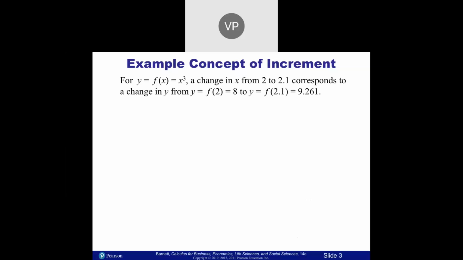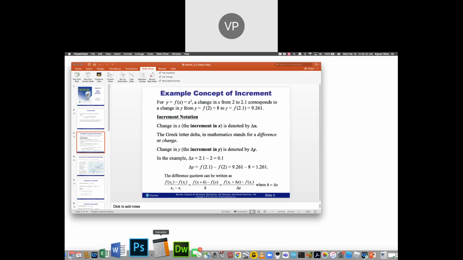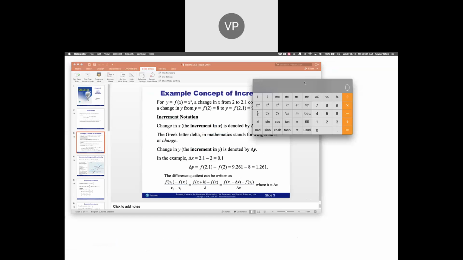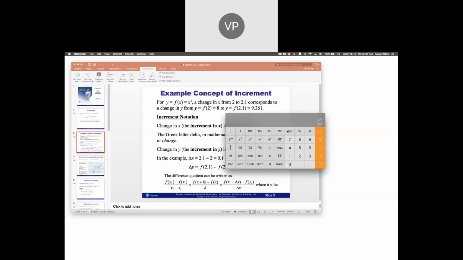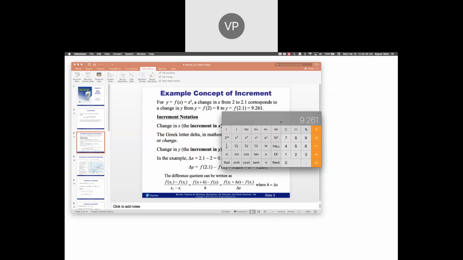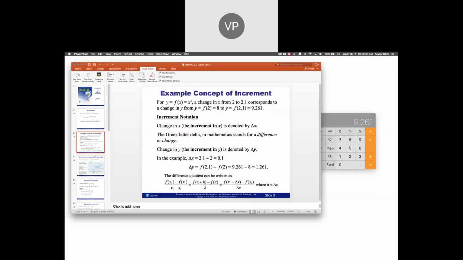Just to make sure we're all clear, you can always use your calculator for this. If you're not sure where they're getting this from, it's just 2.1 times 2.1 times 2.1, and that's how they get this 9.261. Just to make sure you're on board with that.